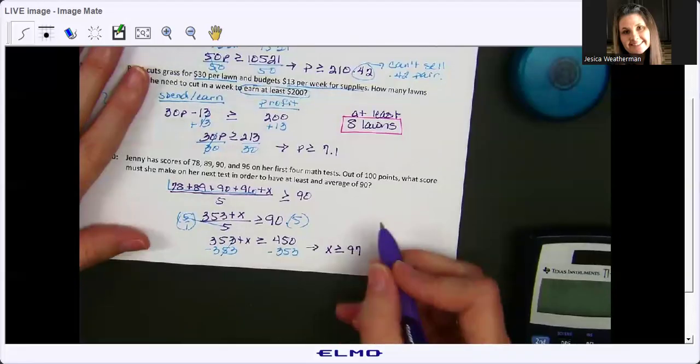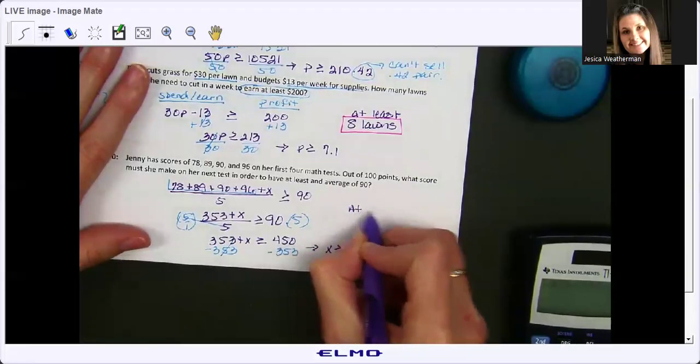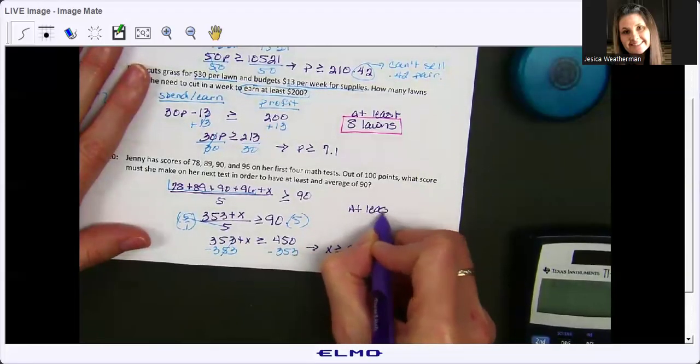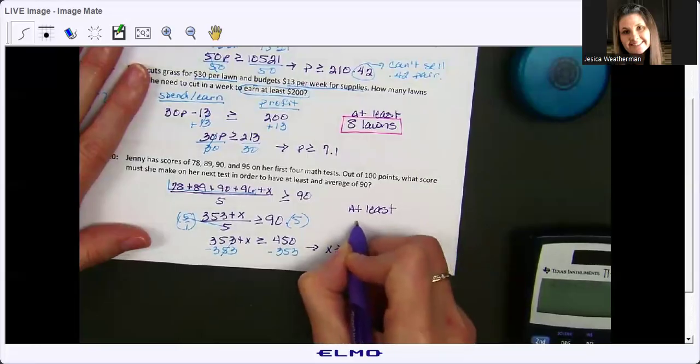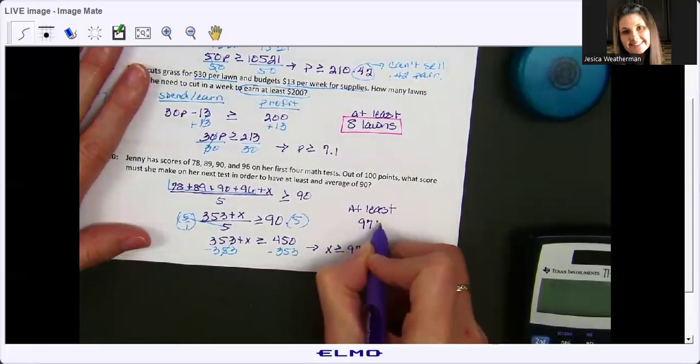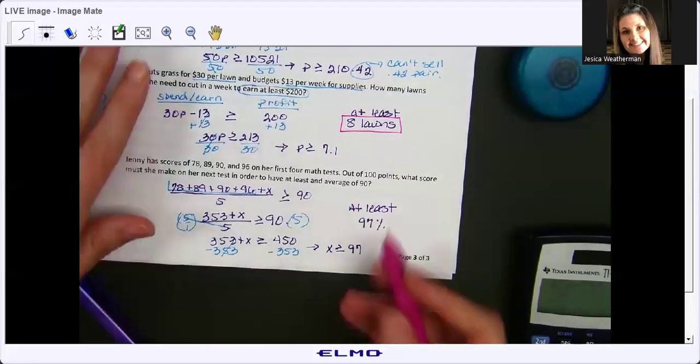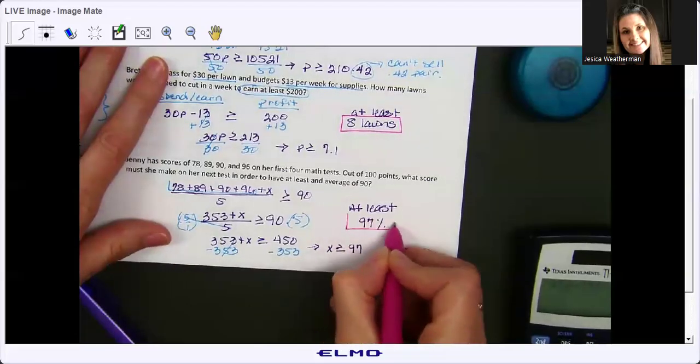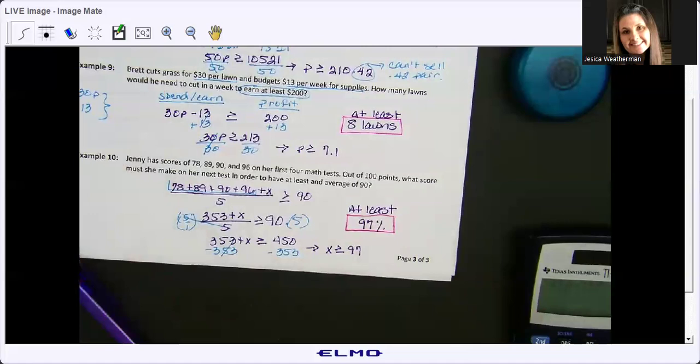Okay, so she has to make at least 97%. Okay. Do not forget to put the at least.